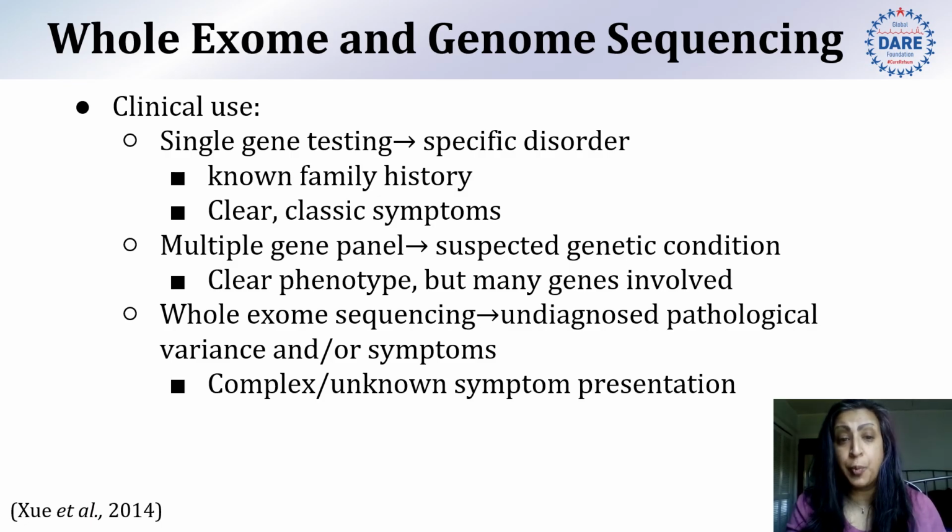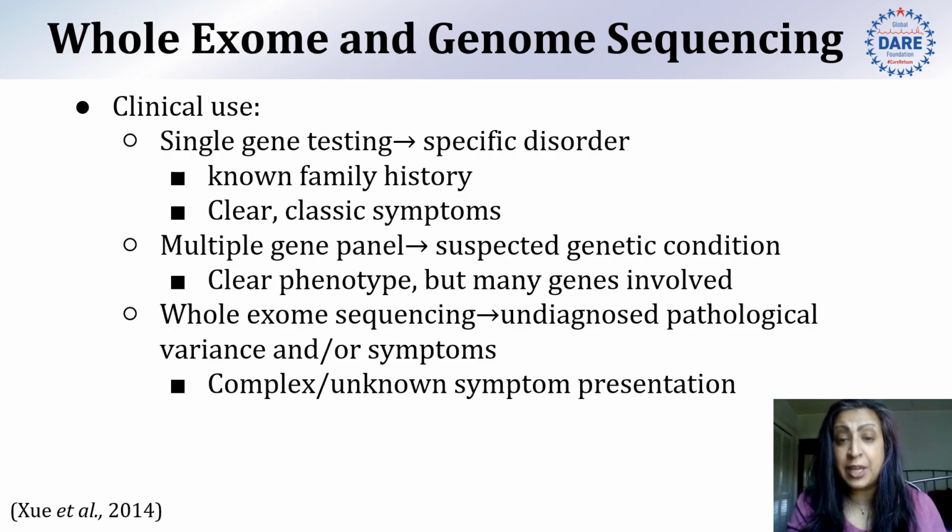This is most appropriate when there is a known family history or when a patient presents with clear classic symptoms that strongly identifies variants of one specific gene that is causing the symptoms of this condition or disease. On the other hand, multiple gene panels are useful when we suspect a genetic condition, but the picture is a little bit more complex.